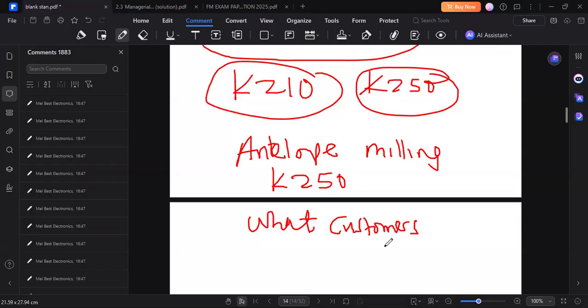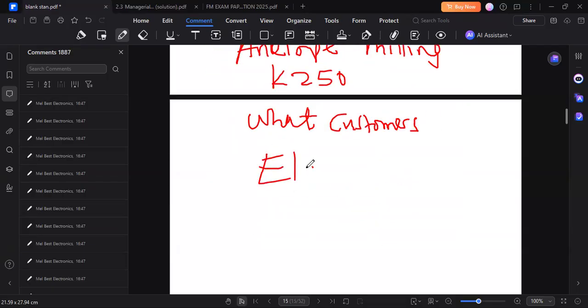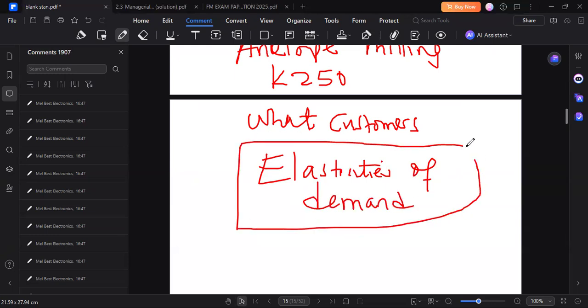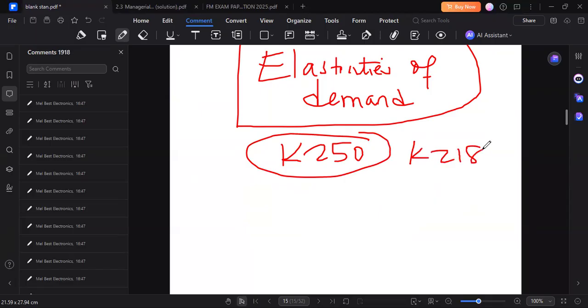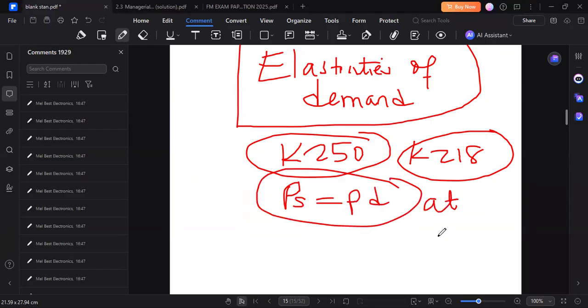This is why I will explain what we call elasticities of demand. This is what is happening in a market economy. That will be the equilibrium, where price supplied and price demanded are at par.